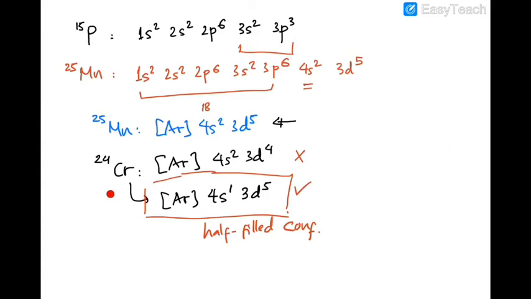So chromium will prefer to be in this configuration. The electron from the s orbital will move to d to make d half-filled, and the s will also become half-filled. So be careful with some elements like chromium. You have the half-filled configuration because this will lead to a more stable element.